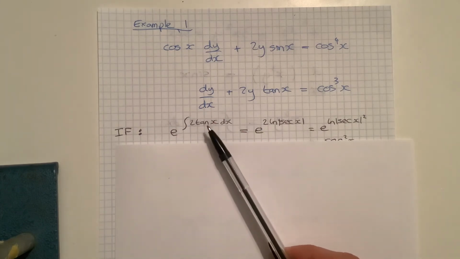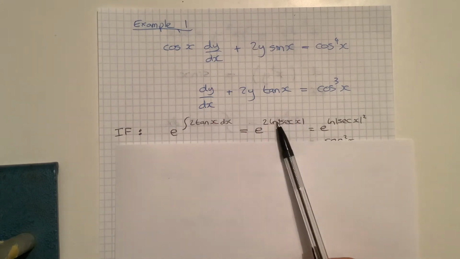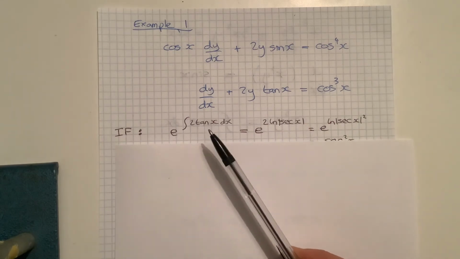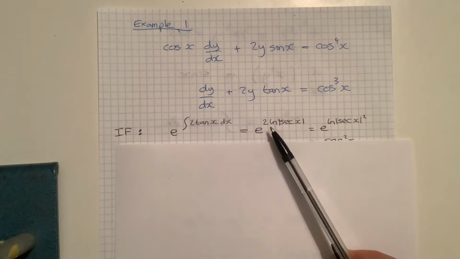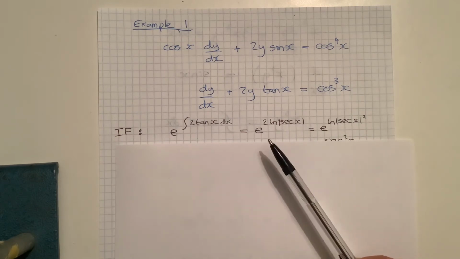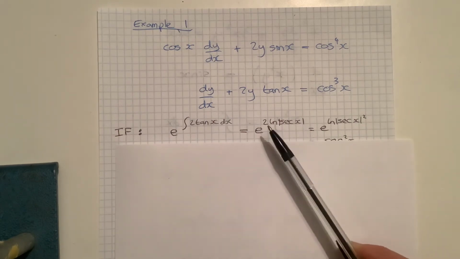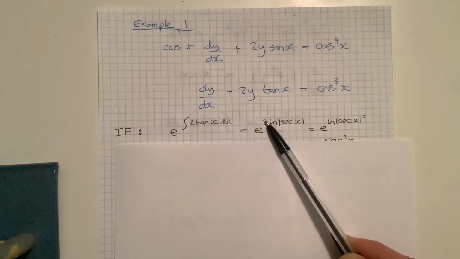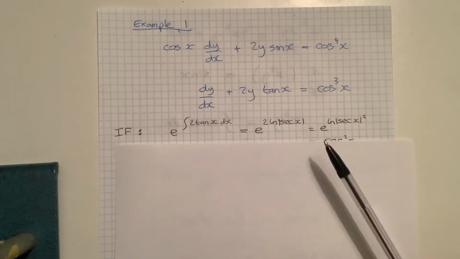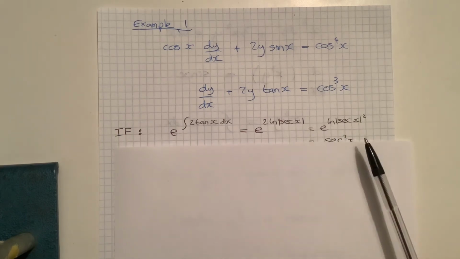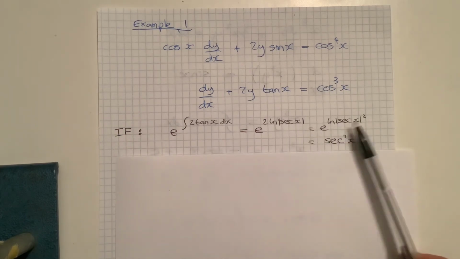Now we know that tan integrates to be ln sec. So the integral of 2 tan x will be 2 ln sec x. I can simplify this because, using the laws of logarithms, I can take that 2 and put it as a power up here. And then what's nice is that e to the ln cancels out and I just get left with sec squared.